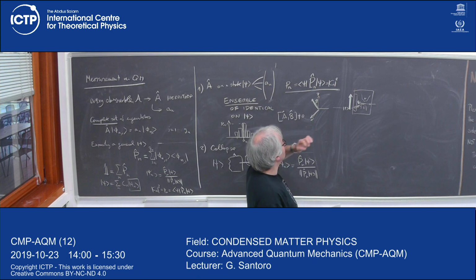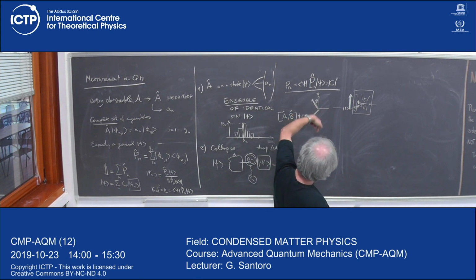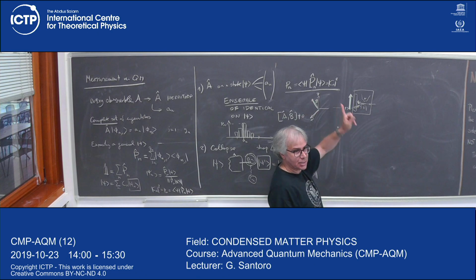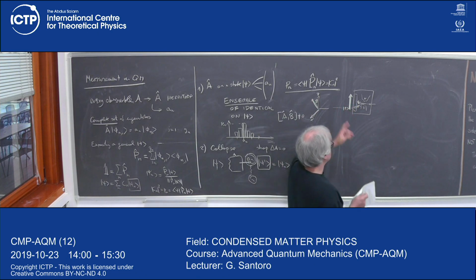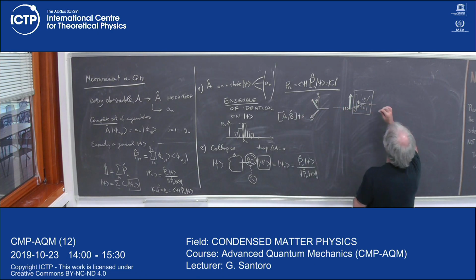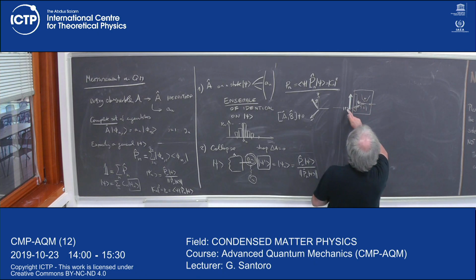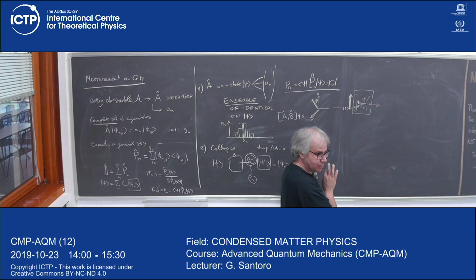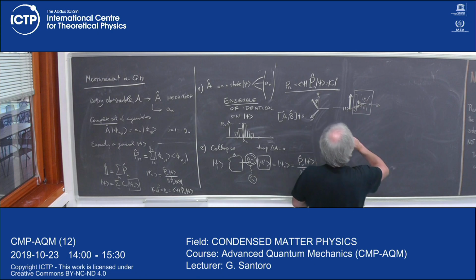Obviously, you realize that if this angle is pi, then everything will be blocked, because for this filter, this is a wrong state. So let me just do it in the usual setting. If I send to this filter the down, then the spin is blocked, right? Because of the way it is constructed.